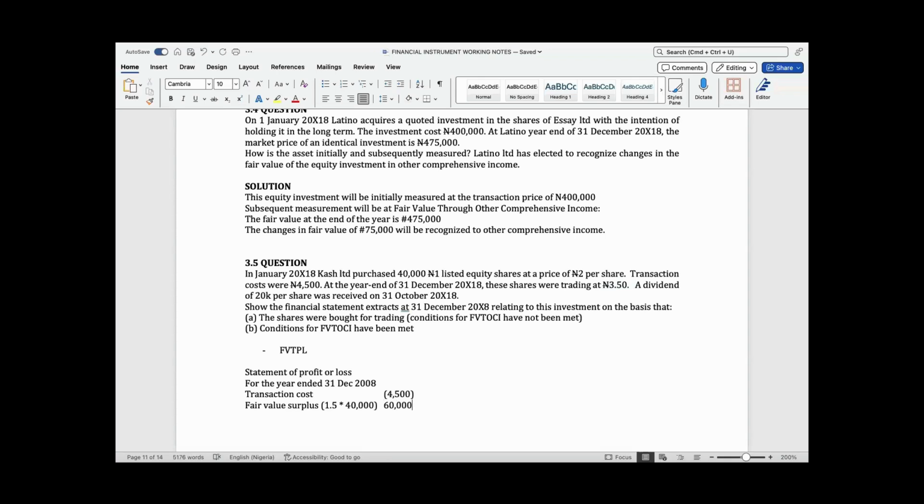Yes, 60,000. It also comes to PL because it's at fair value through PL. And also, I can see dividend received of 20 kobo per share. That will be 0.2 times 40,000 shares, so that would be 8,000 naira.